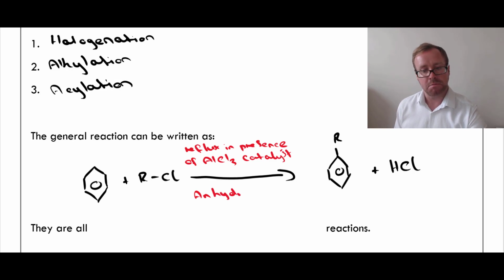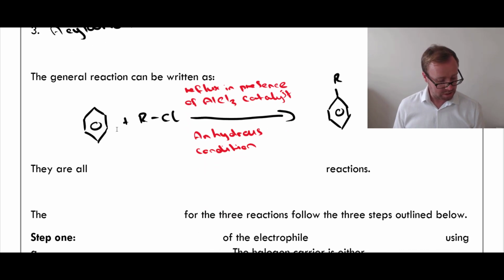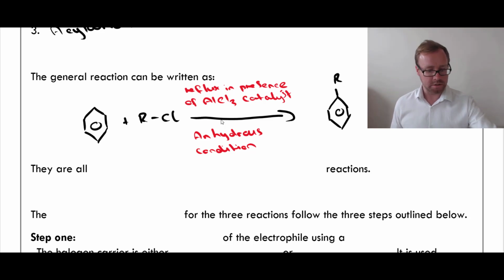But you must also have anhydrous conditions. Okay, so we also need anhydrous conditions. Right, so I'm just going to let you look at that reaction for a little bit, and I'll be back in a second. Okay, so we will carry on.